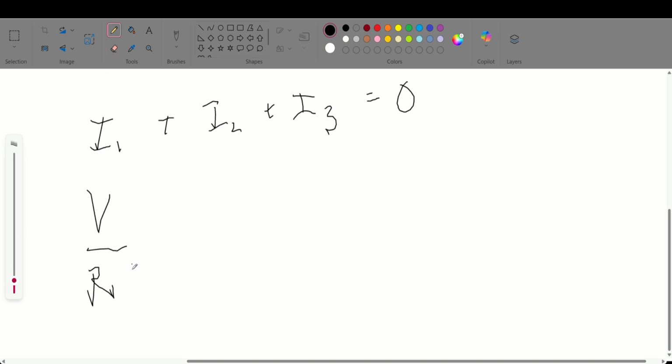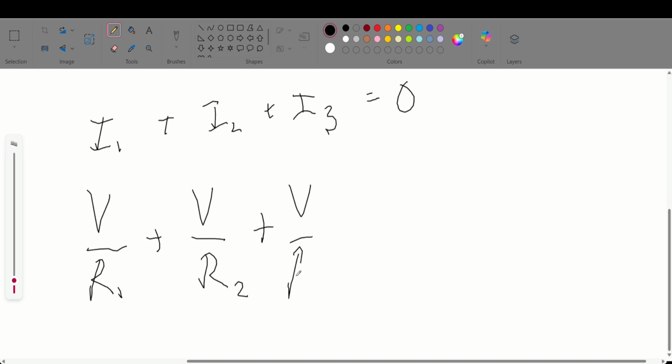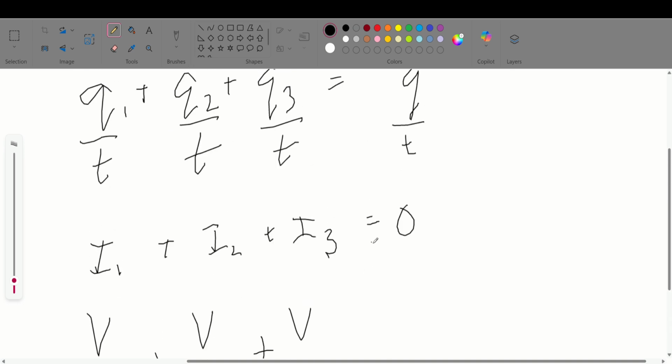So now we have V by R1, which is I1, plus V by R2, plus V by R3. The right side over here should not have been 0.